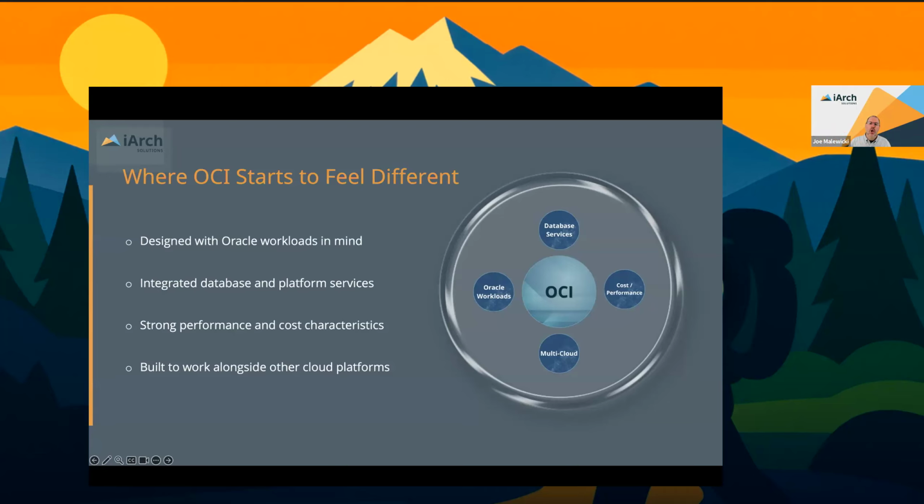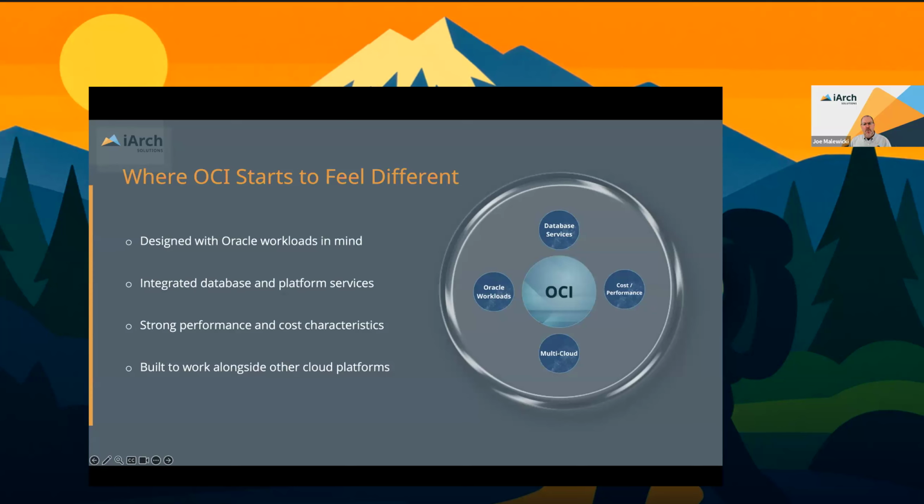Third is your performance and cost. Now, as I mentioned before, this presentation is rooted in real world experiences, and I will be completely honest. We have certified architects, myself included, in OCI, in AWS, and Azure, all working on my staff here at IARC Solutions. And we do a lot of deployments and assessments for customers.